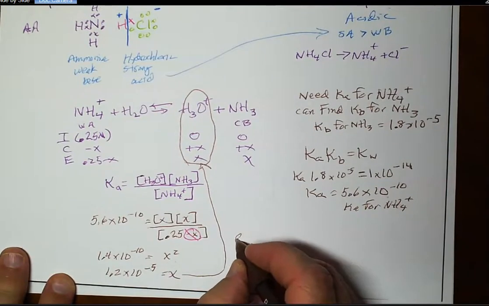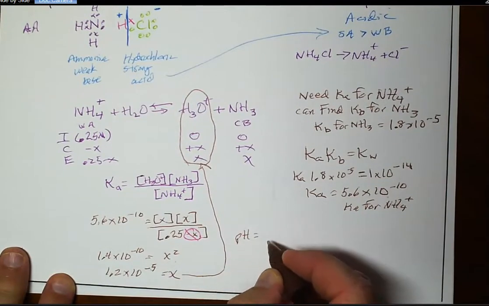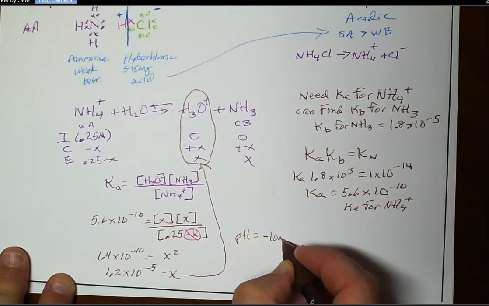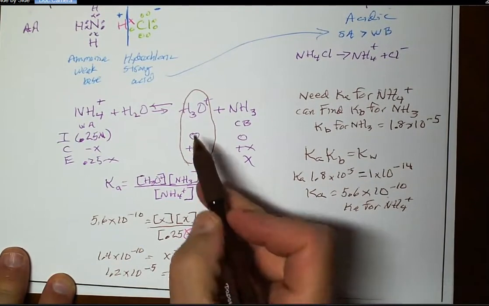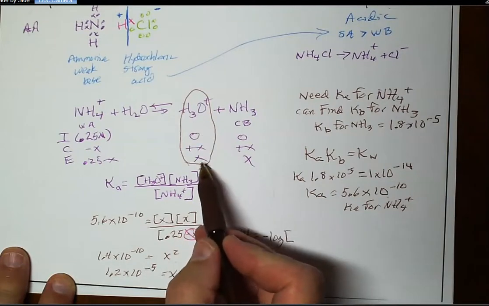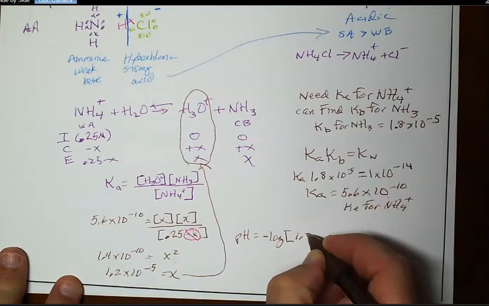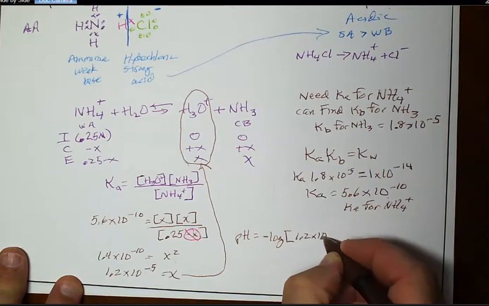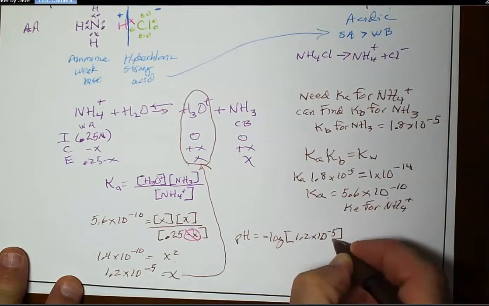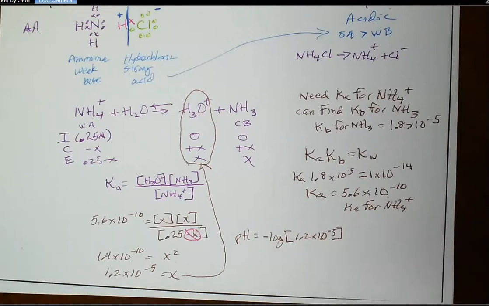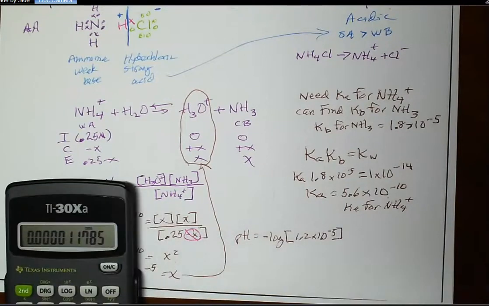So how do we find the pH? It will be the negative log of the hydronium ion concentration, which happens to be X, which happens to be 1.2 times 10 to the minus 5. And that's going to be about 4.8, 4.9. We hit the log button. We've still got the number in here.